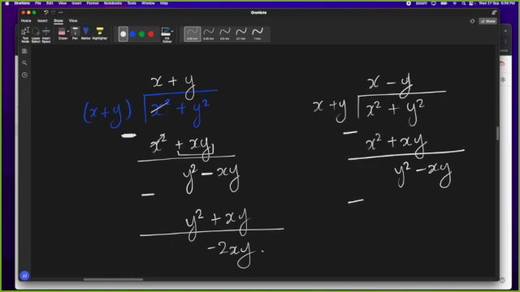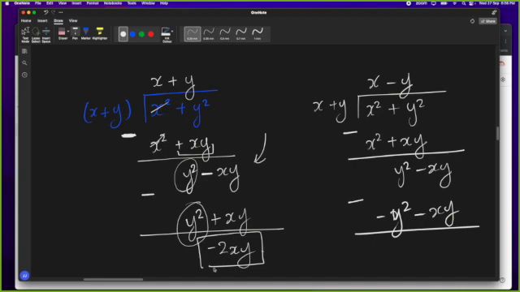So minus y times y is minus y squared. Right? Minus y times plus y is minus y squared. And then minus y times x is minus xy. So you see, in this case, I was able to cancel the y squared, but I was left with a remainder of minus 2xy, right?